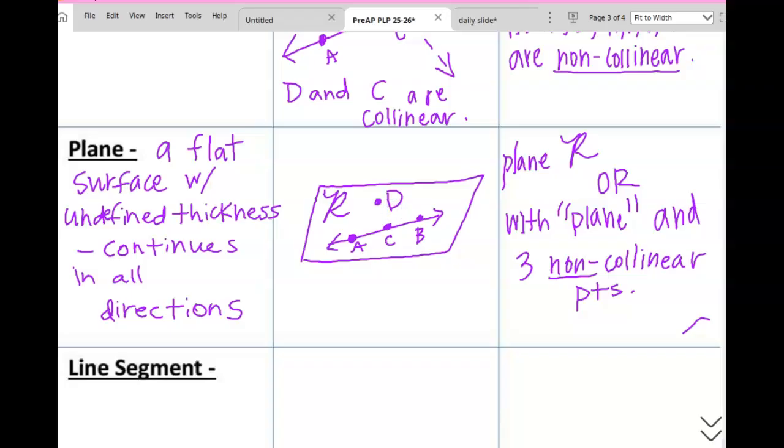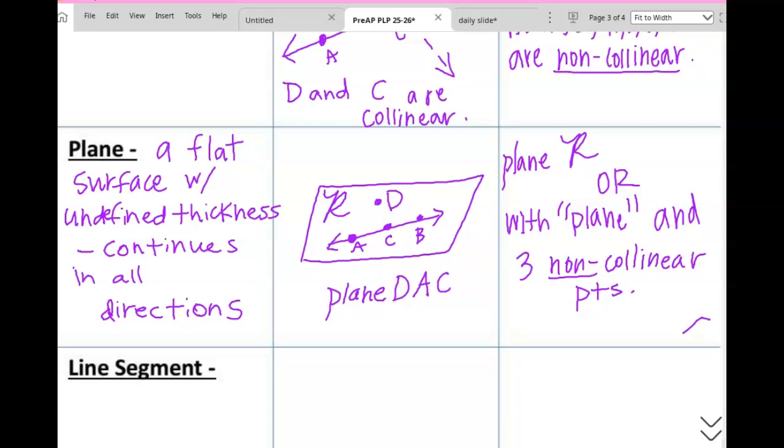Okay. Now can I name the plane using 3 non-collinear points? Yes. Which one has to be in the name? D. And do the other 2 matter? No. So start with D, and then just give me 2 more. A and C. Plane DAC. Now I know which plane you're talking about. Okay?